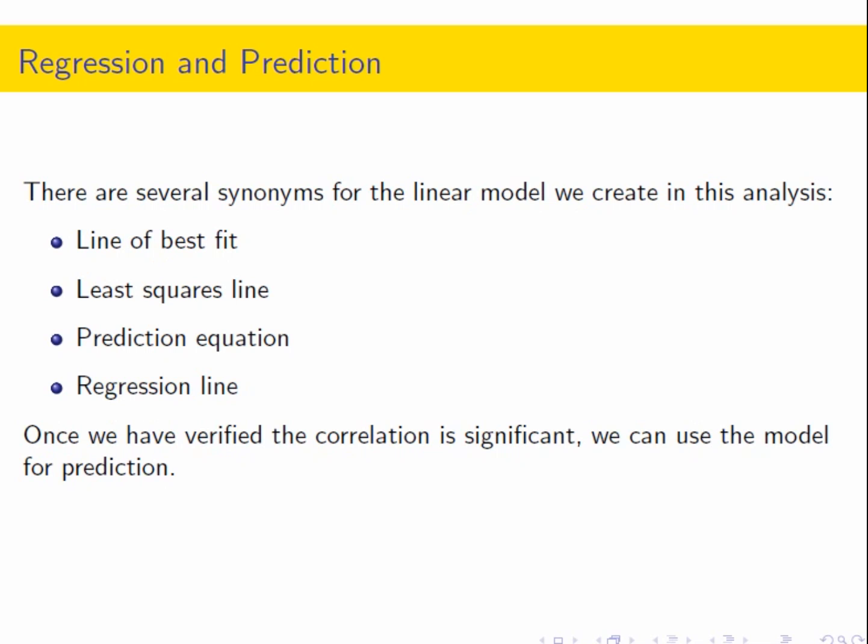It's the linear model that we're building, and we can use it to predict things. So we call it the prediction equation. The idea is that we look at a scatter plot to make sure it's okay to start trying to build a linear model. We check the correlation and r squared, and once we know there's some kind of significant relationship there, we build and work with the linear model.